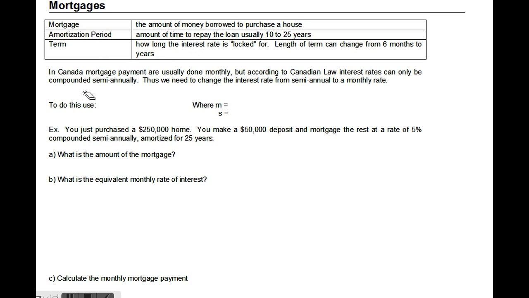In Canada, mortgage payments are usually done monthly. But according to Canadian law, the interest rate can only be compounded semi-annually. Thus, we need to change the interest rate from semi-annual to a monthly rate. To do this, we're going to use a formula.